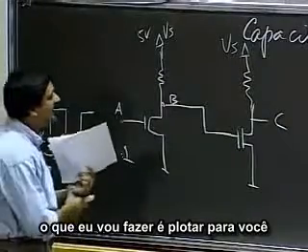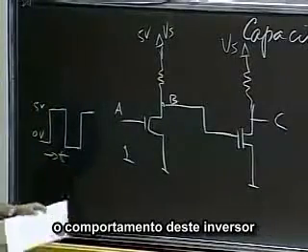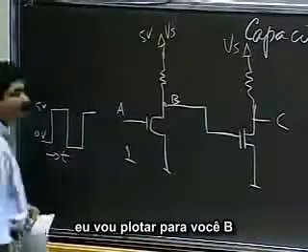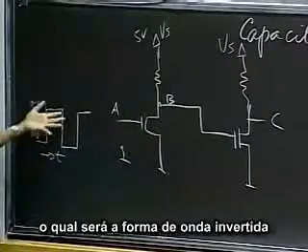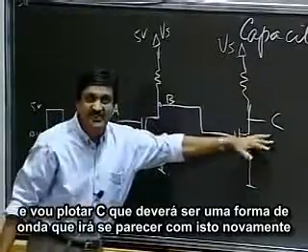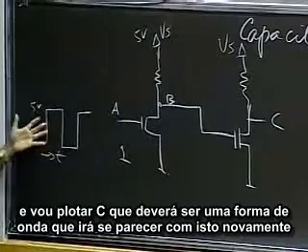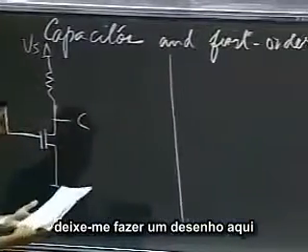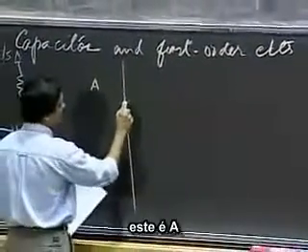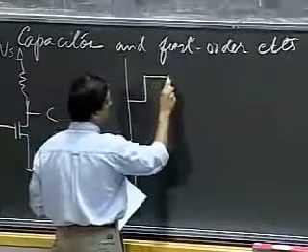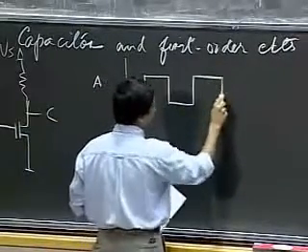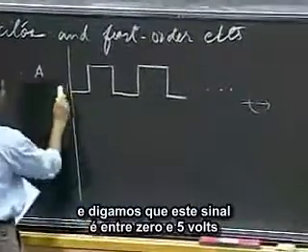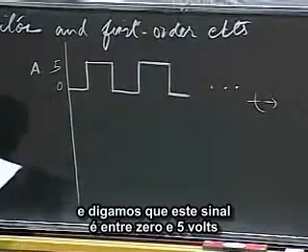So what I'm going to do is plot for you the behavior of this inverter. I'm going to plot for you A, which should look like this. I'm going to plot for you B, which should be an inverted waveform. And then plot C, which should be a waveform that looks like this again. So this is A. And so on. Time goes this way. And let's say this is between 0 and 5 volts.